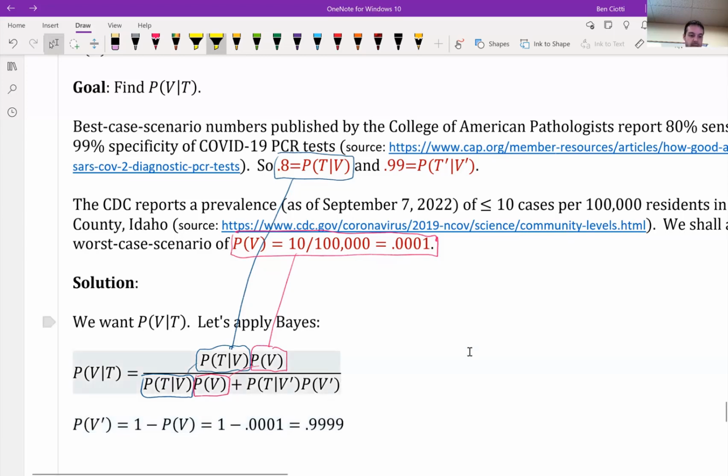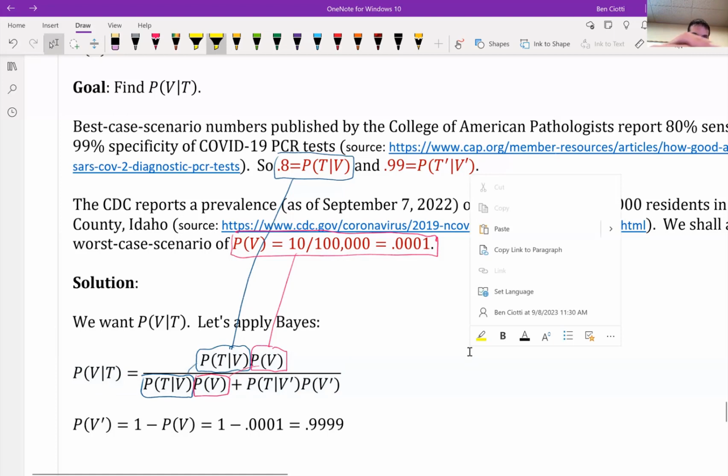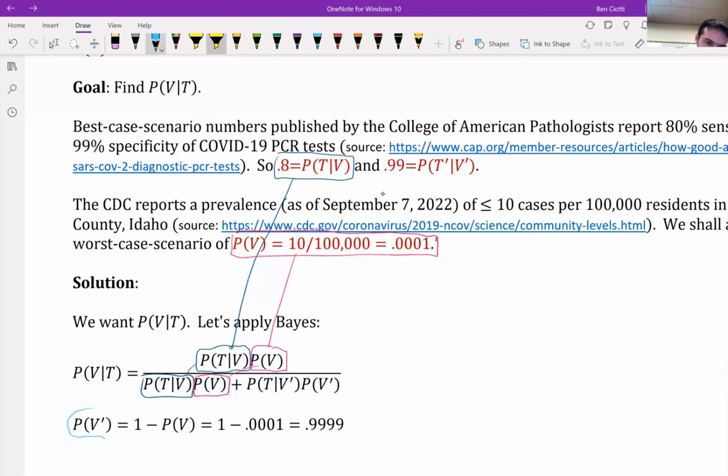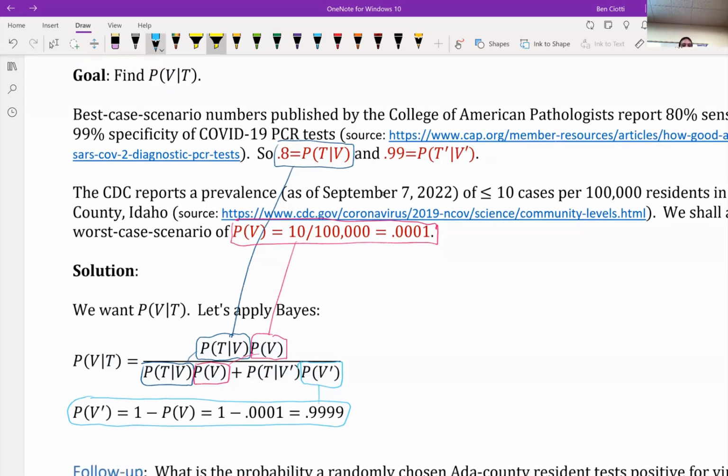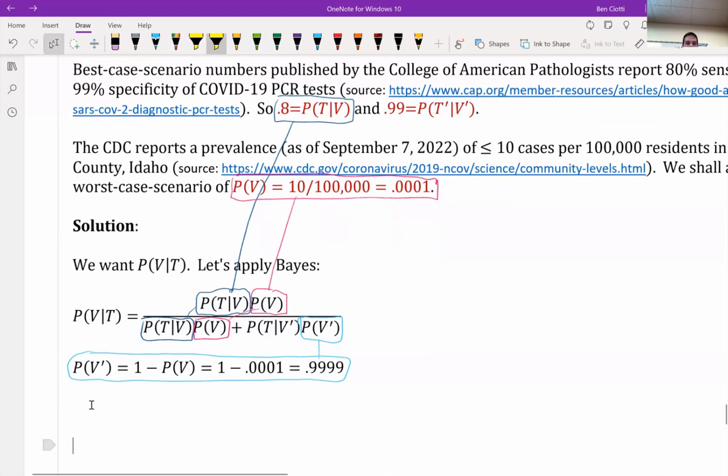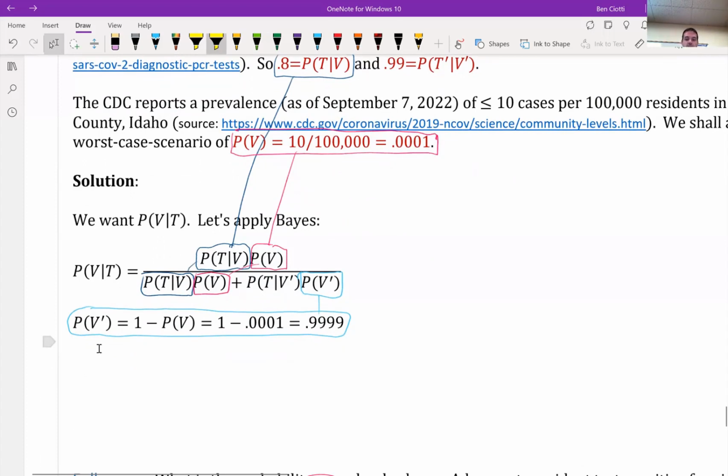Okay, I'm making progress. This term is this one. There's one more term to figure out, and that's P of T given V prime.